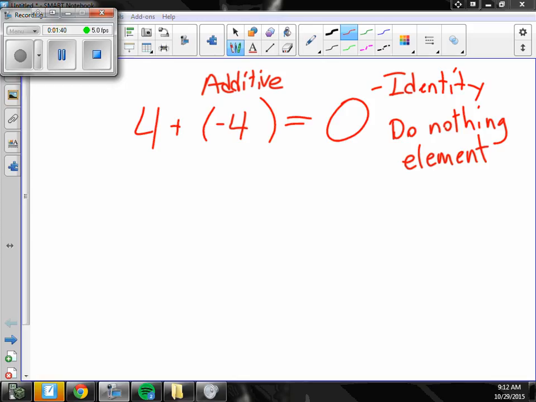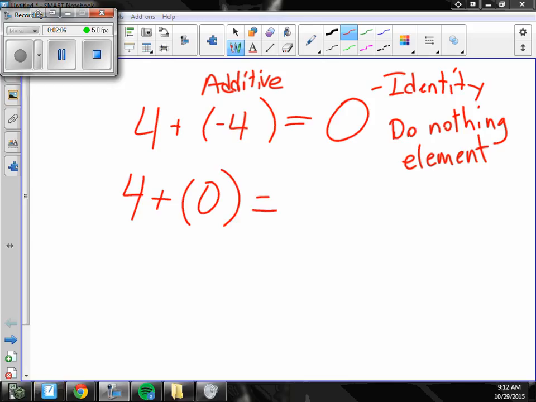Okay, so I'm going to explain a little more how identities and inverses work. If you want to know what the identity of a set is, you combine any element with its inverse and you get the identity. Or if you take any element and you combine it with the identity, what are you going to get?